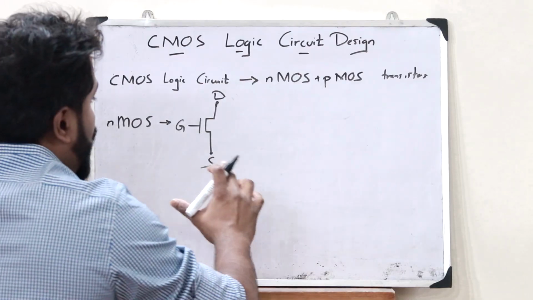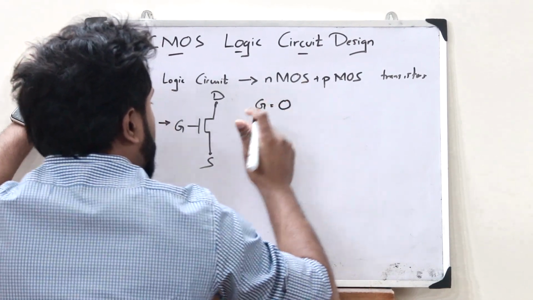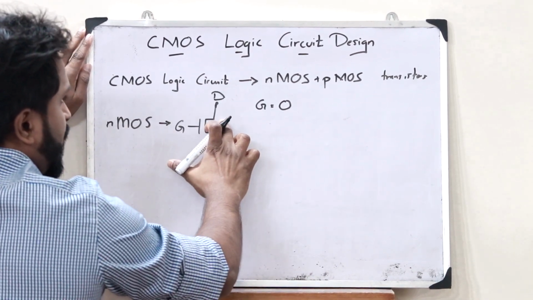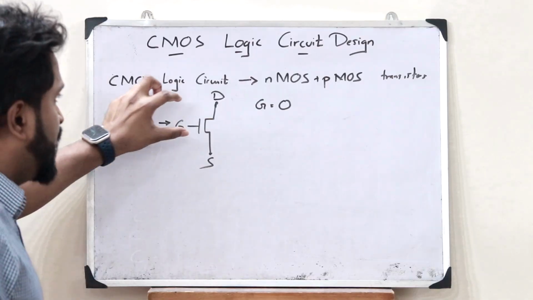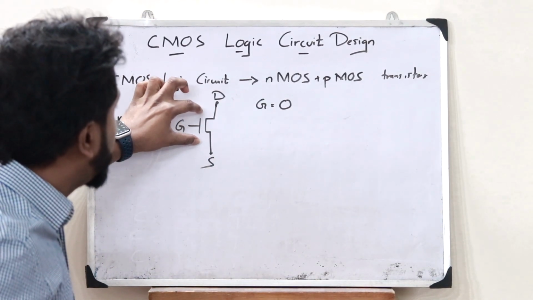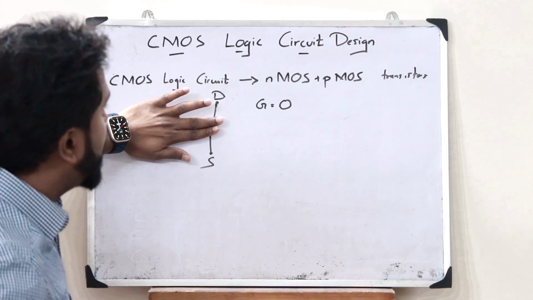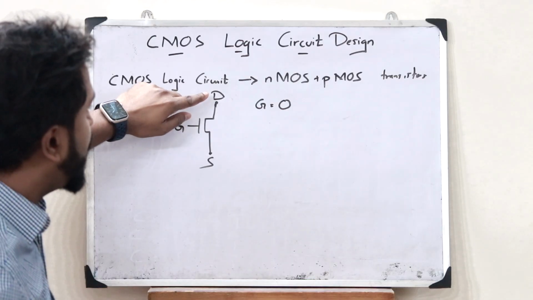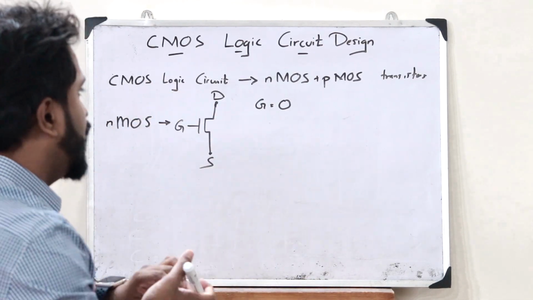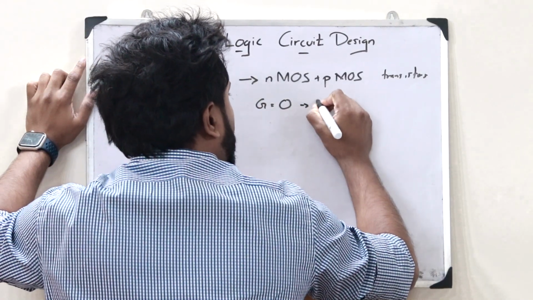What we know for a fact is that when the gate voltage is 0, that is, whatever we give at the gate is 0, then this becomes open. That is, this particular transistor is in the off state. So if this transistor is in the off state, there is no connection here, and no flow of current between the drain and the source. Therefore, when 0 is given at the gate, this acts as an open circuit.